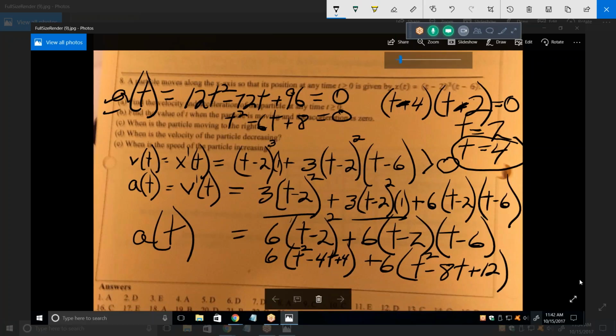But I can factor out a t minus 2 squared, leaving behind a t minus 2 plus 3 times t minus 6. So that's what has to be greater than 0.